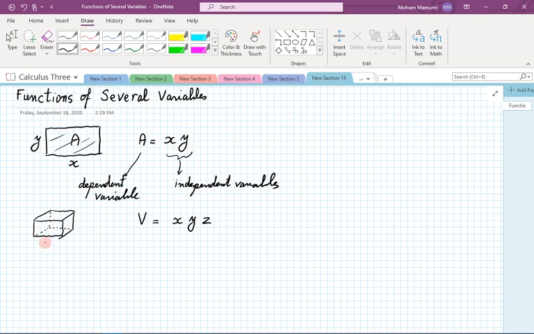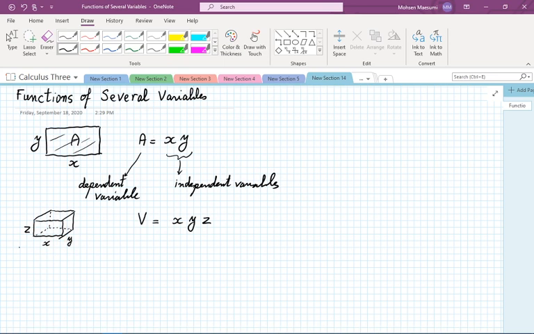So let's suppose this is the dimension x, say this is dimension y, and this is the dimension z. Volume is the product of these three, and that is a function of three independent variables.